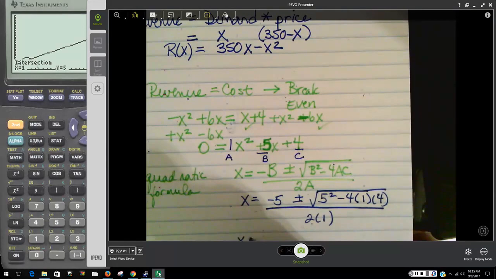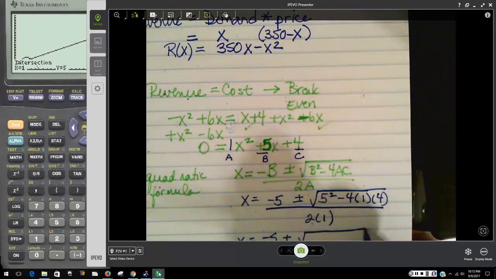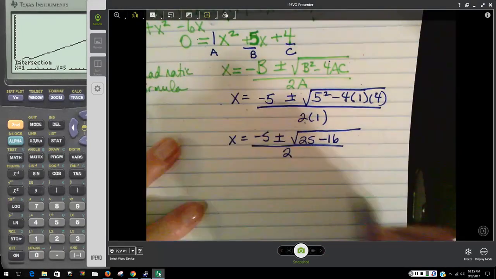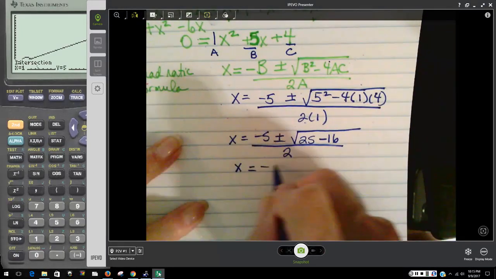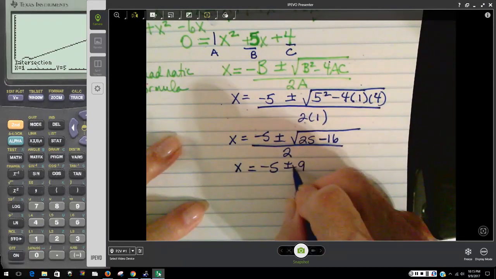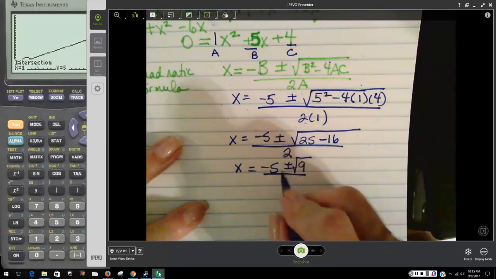So x is going to be negative 5 plus or minus the square root of 5 squared, which is 25. Negative 4 times 1 is 4, times 4 is negative 16, over 2. And then that means that x is equal to negative 5 plus or minus the square root of 25 minus 16, which is 9, over 2.